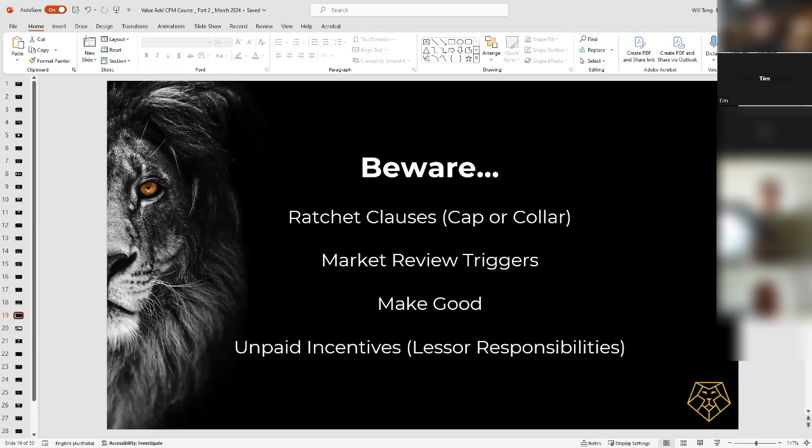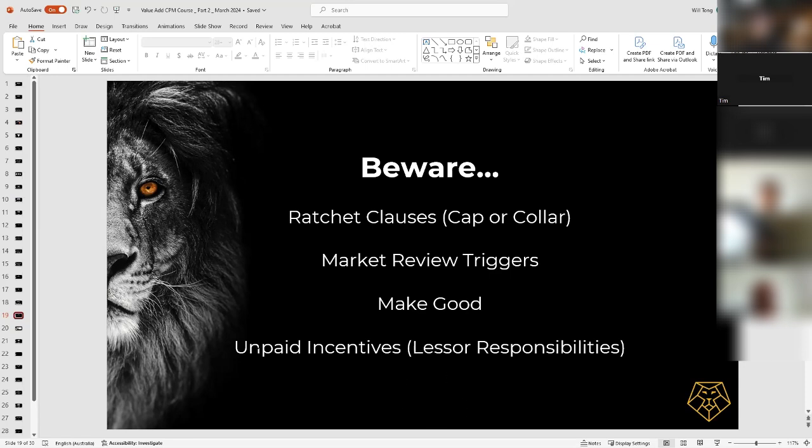That means the tenants have no responsibility to remove anything. So the make good falls onto the landlord. So as a landlord, you want to make sure that if there's no make good in the lease, you set aside a budget or a buffer so that you can potentially make good the premises later on.